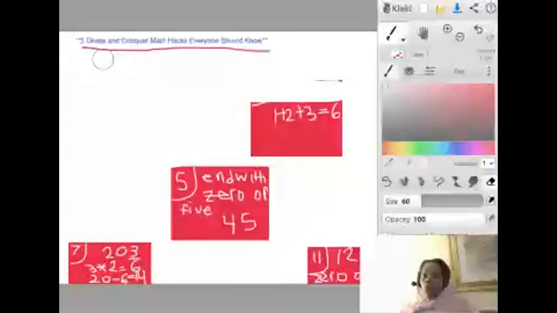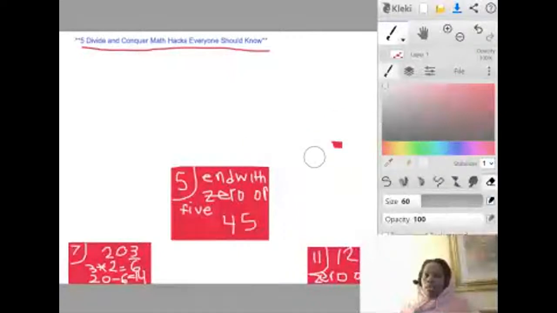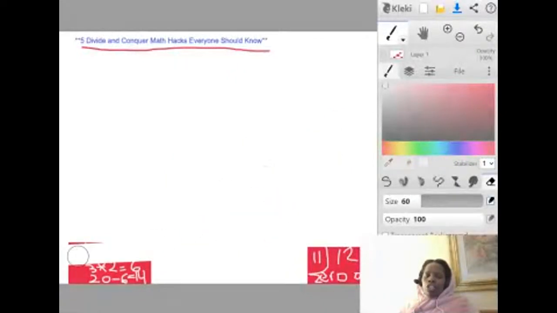For example, 48. And let me just erase the board so I can show you this example, this bonus hack that is very good to know.